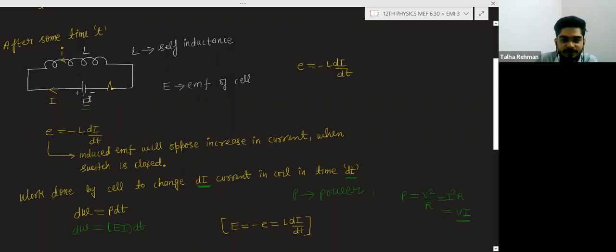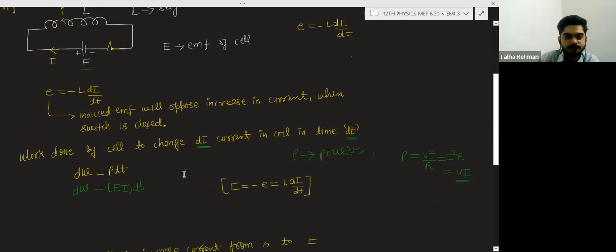So the EMF of the cell is equal to minus E, and we know the value of E is minus L di by dt. Why have I taken the minus sign? Because this opposes the change in the current due to this battery. So we will put the value.